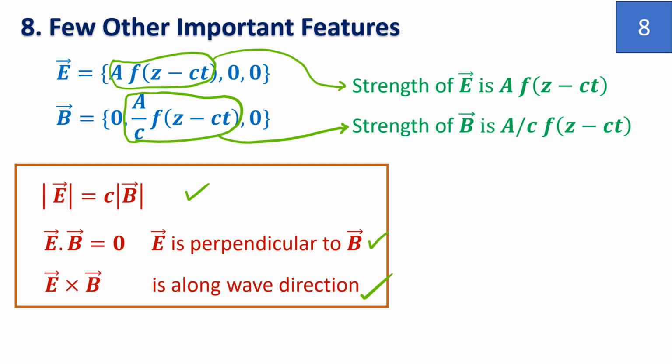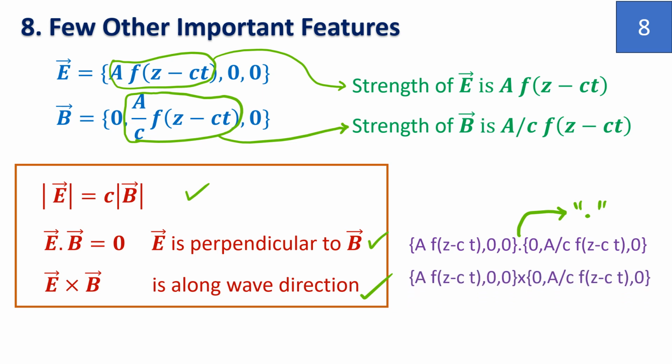Mathematically, E perpendicular to B would mean the dot product between the two vectors E and B is 0. This can be easily tested with the following Wolfram Alpha command. You just need to put the English letter period as shown. For the cross product, we can also easily use the following Wolfram Alpha command.